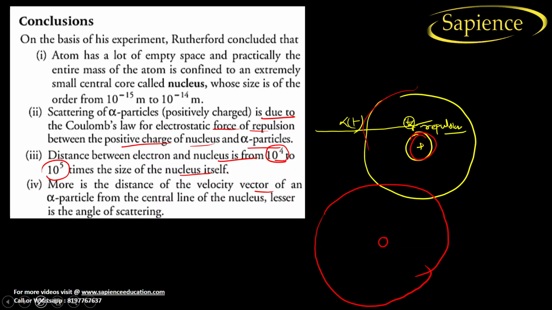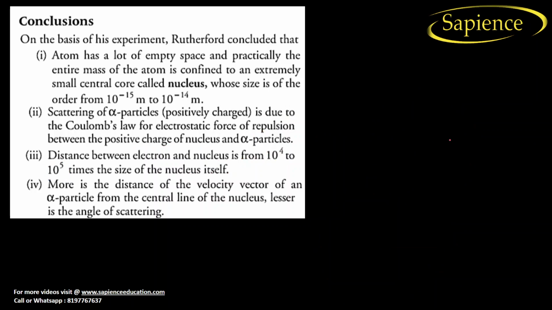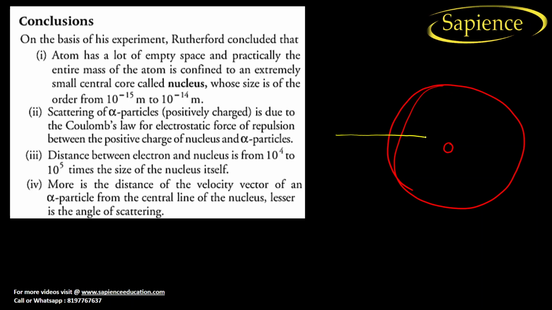So how to understand this? Let us consider this is an atom with a nucleus, and the alpha particle comes in. As it passes close to the nucleus, the angle of deviation will be very large, or a bit larger. Let us do it again.